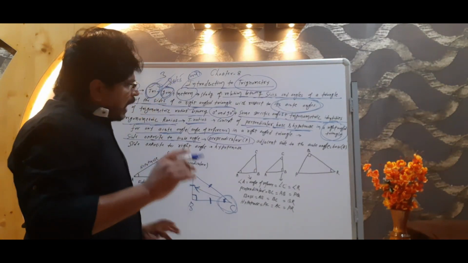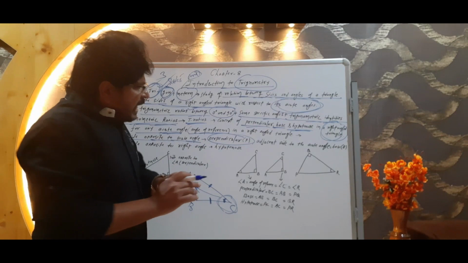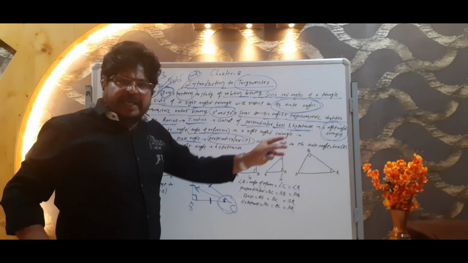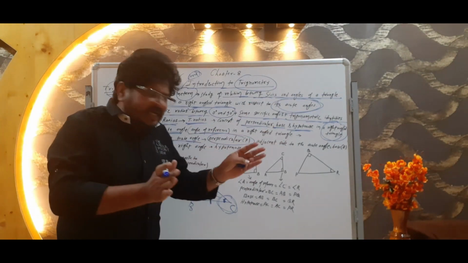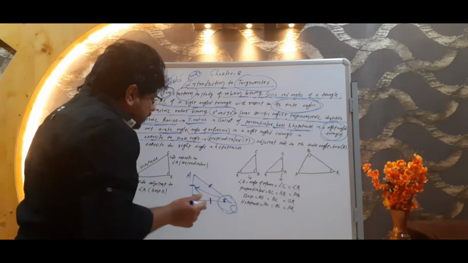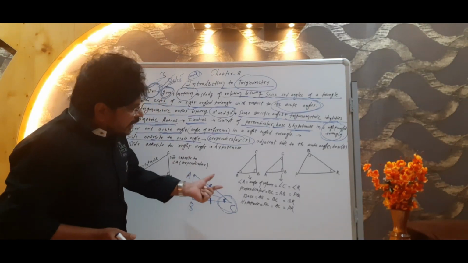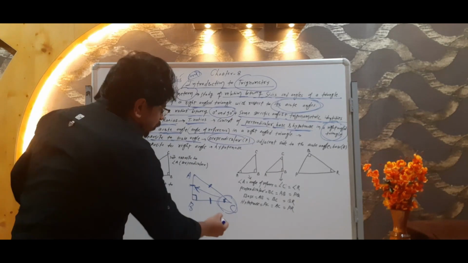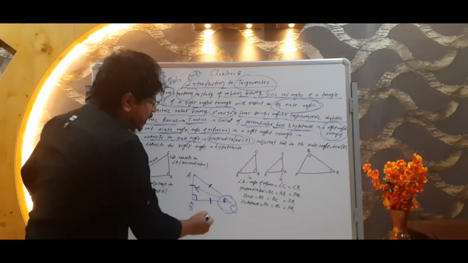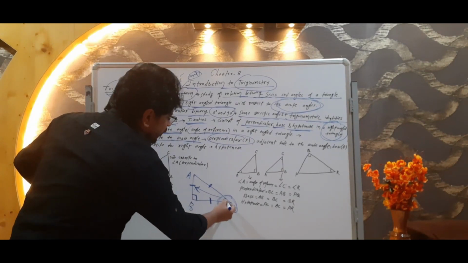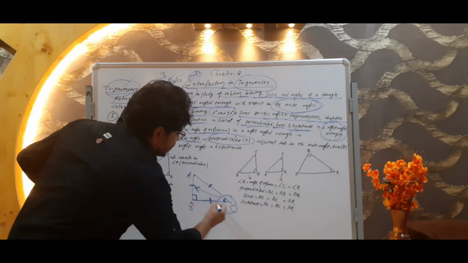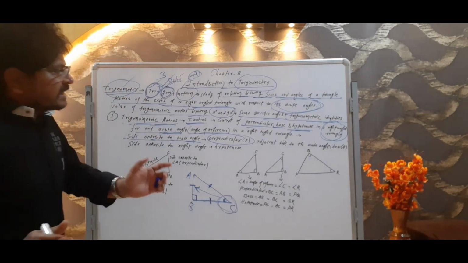Now we will discuss another thing, the side adjacent to the acute angle. Adjacent means one side with the help of which the acute angle is framed. So look here, this is the acute angle, and if we are discussing this particular acute angle, then we have to discuss the adjacent side.